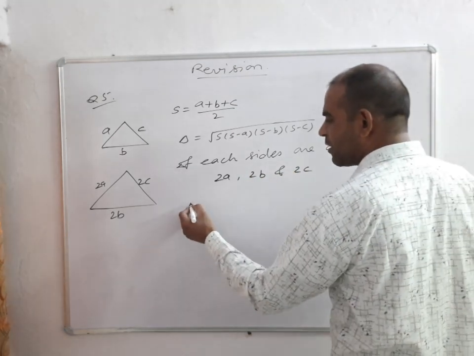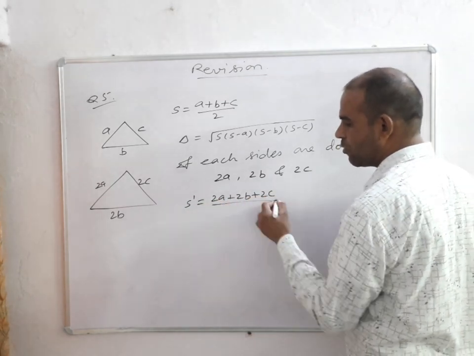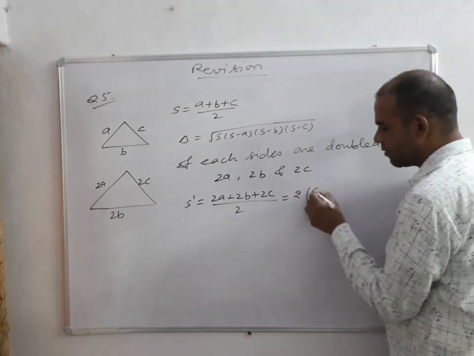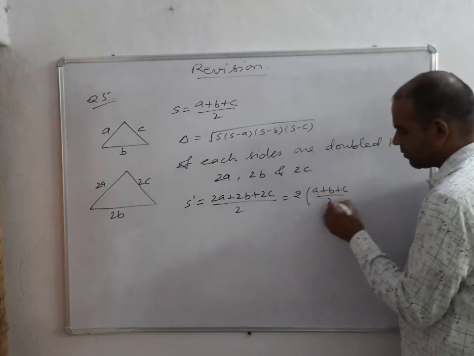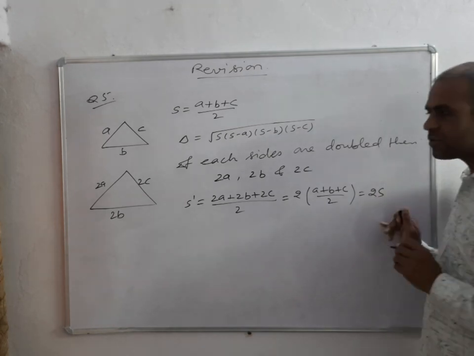Its semi perimeter S dash is 2A plus 2B plus 2C upon 2. ये 2 कॉमन, A plus B plus C upon 2. ये भी हो जाएगा 2S. Semi perimeter is also doubled.